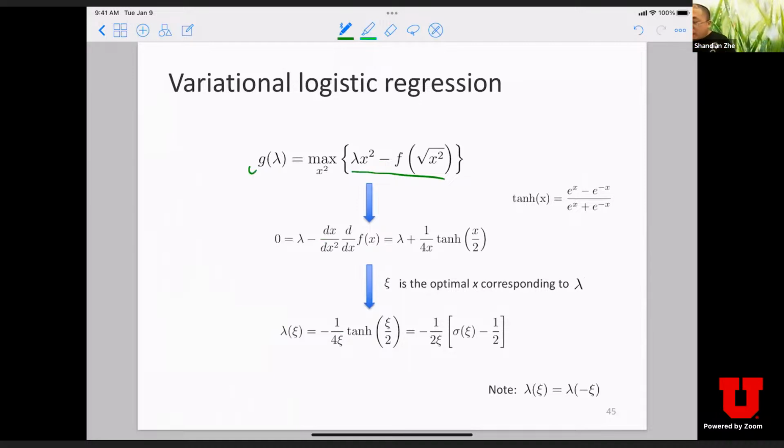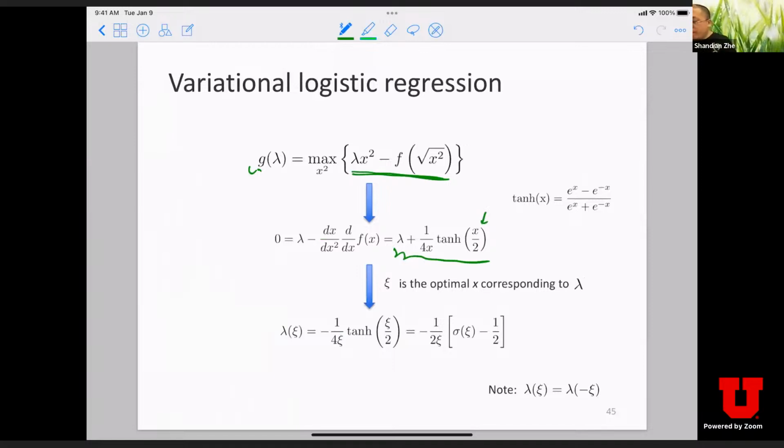If you take the derivative with respect to x squared and set the derivative to 0, you get this g of lambda, and you find a relationship between lambda and x. In other words, for any lambda, you have to solve this equation to get x, and from x and x squared you get the g of lambda value.